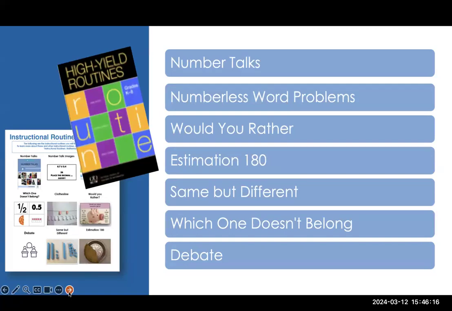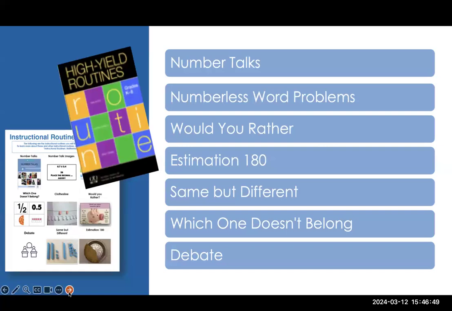But these are repeatable strategies that we can use that really think about how we're going to pull from background knowledge, how we're going to build reasoning, and encourage students to start to communicate their thinking using the language that we are hoping they build so that they can communicate the processes they're using to find solutions.